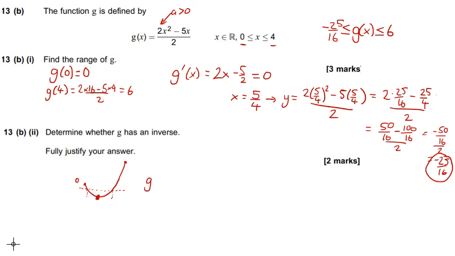Okay, so G is a many to one function. We can see that from the graph, and therefore there's not an inverse. So this test, if you draw a horizontal line on and it crosses through two parts, is sometimes called the horizontal line test, and it's a quick way to check if it has an inverse or not.